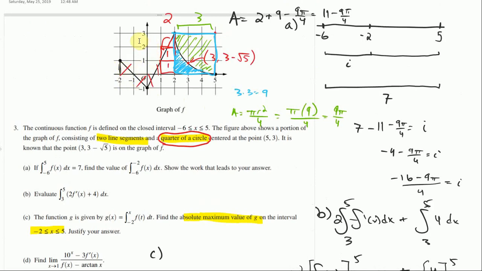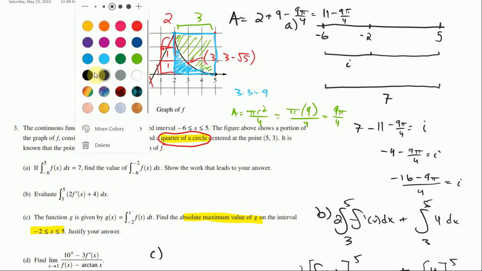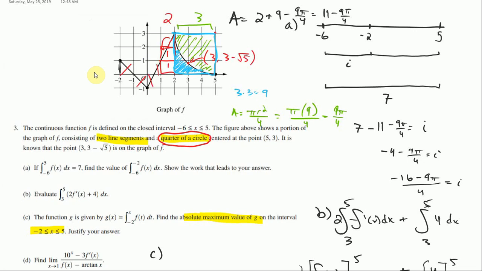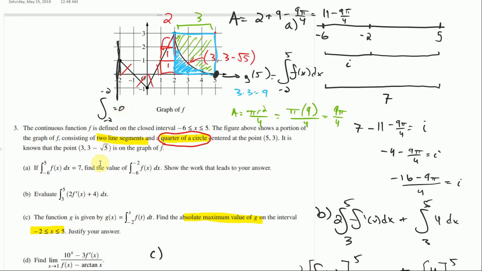Okay, so it appears that we're looking at just the function of the integral. So we're going from, all right, looks like we're going from here. This is just g equals 0, because the integral from negative 2 to negative 2 is going to be equal to 0, all the way up to 5, and that'll be g of 5, equal to the integral from negative 2 to 5 of f of t dt, whatever, it doesn't really matter.